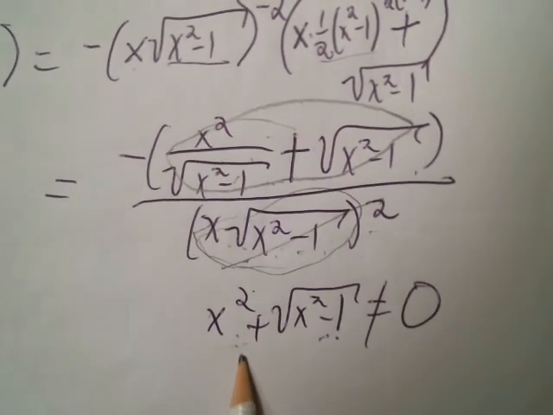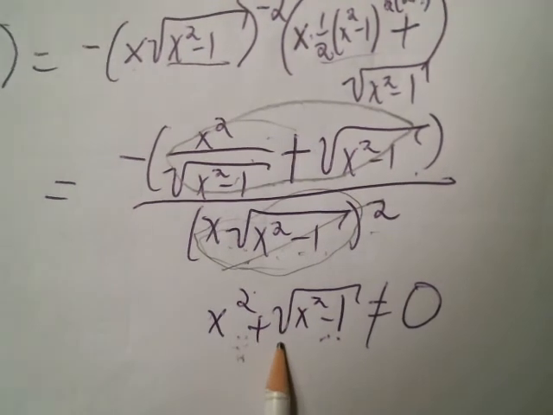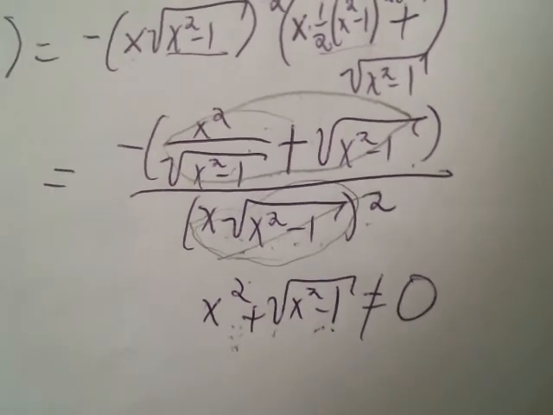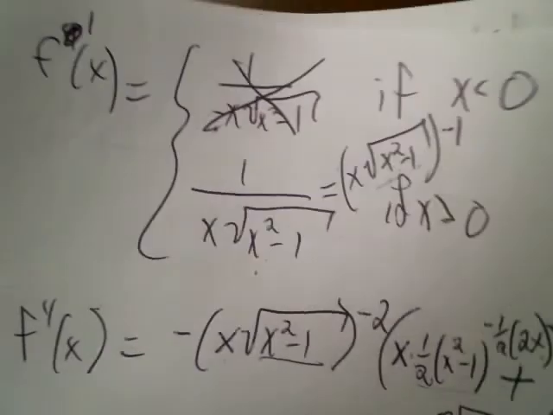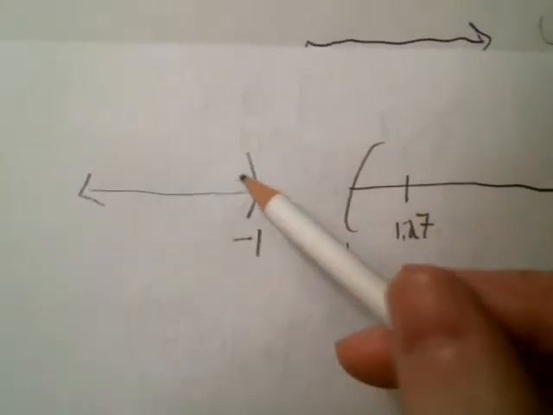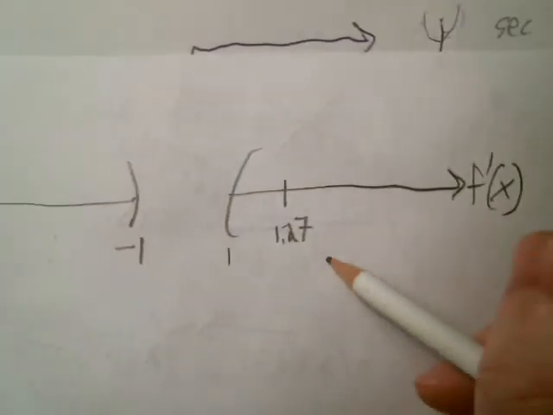But I'm saying this numerator will never equal 0, so you won't get any inflection points. Okay? So it's always concave up or always concave down. And so you can just do one test value in each interval to see what's going on. So there aren't going to be any extrema over here. The only possible extrema are going to be over here.